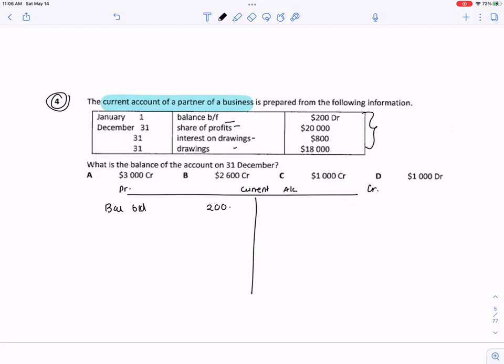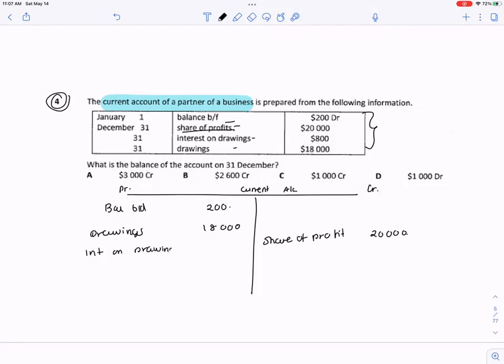No. The share of profit, which side will you write? Credit side. How much? 20,000. Jonathan, where will you write drawings and interest on drawings? Debit side. Very good. Drawings on the debit, interest on drawings on debit.